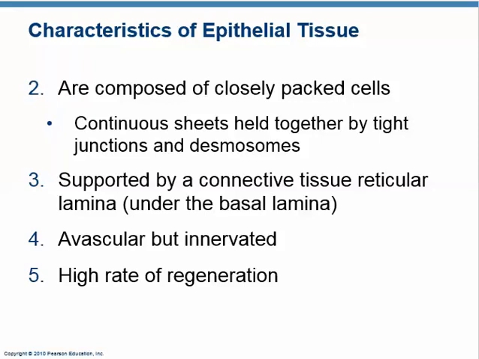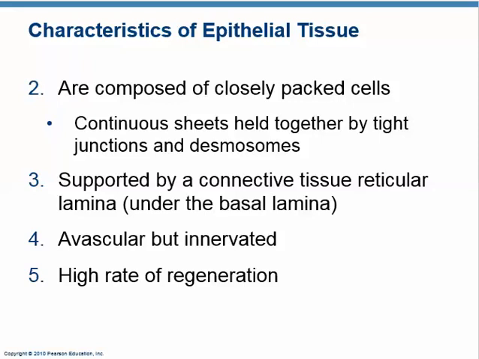If it gets down into the connective layer of the skin, the dermis, then you get bleeding. So all of that supportive connective tissue is vascularized, and it's usually highly vascularized. So avascular and innervated.